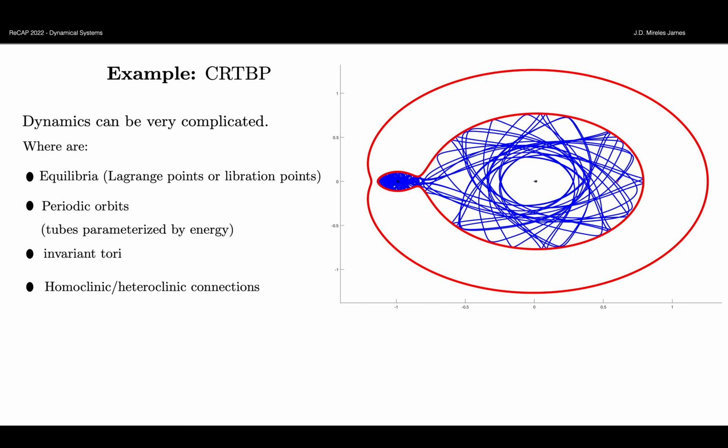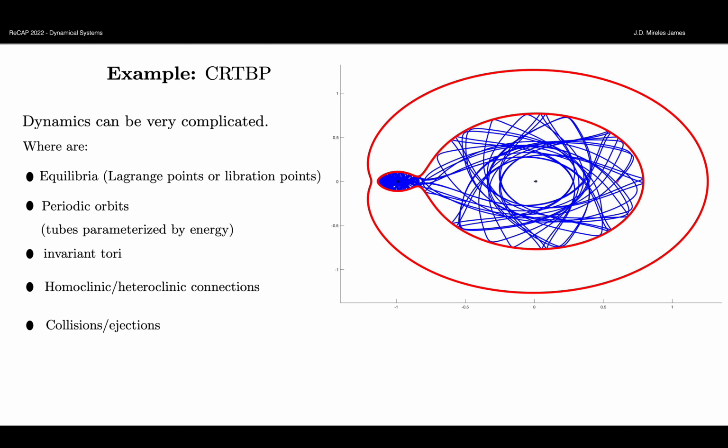And because this vector field has singularities at the locations of the primary bodies, it's possible to have collisions. Collision means going to a singularity in finite forward time, and we'll refer to an ejection as basically a collision in backward time. So it's as if you're ejected out of a singularity.